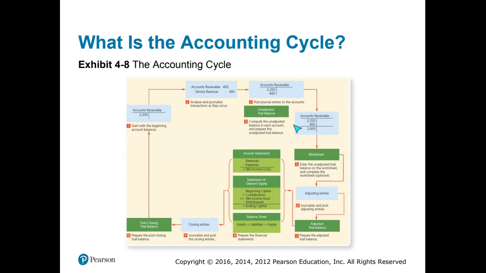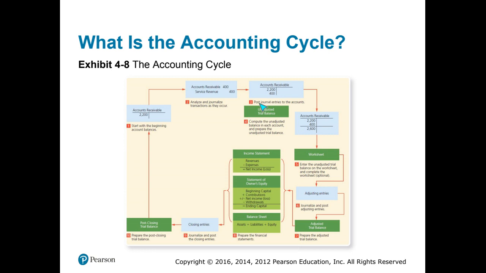But we had this journal entry where they said, hey, we now have an account receivable of $400 because we performed some service in the amount of $400. So we're adding this 400 to our account receivable. So we have the 2,200 and the 400 sitting in our accounts receivable.